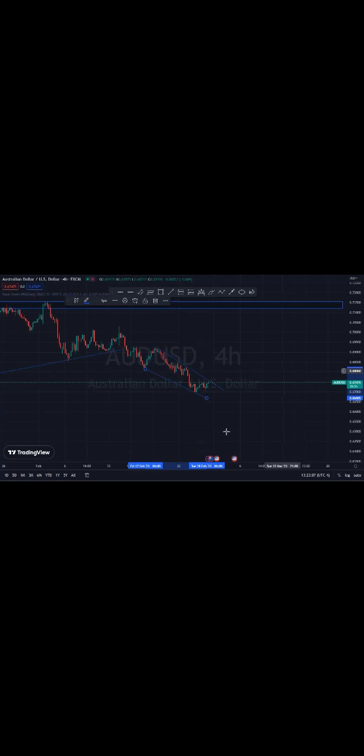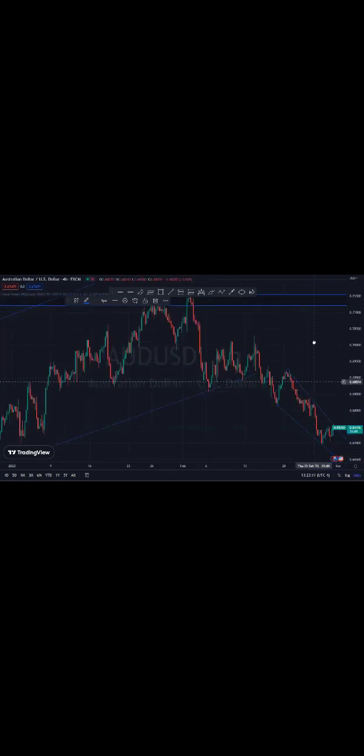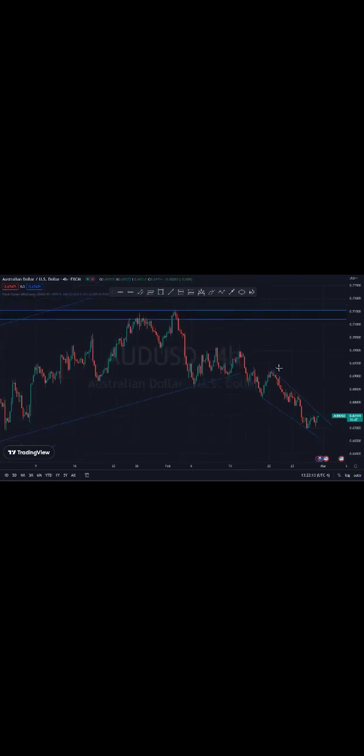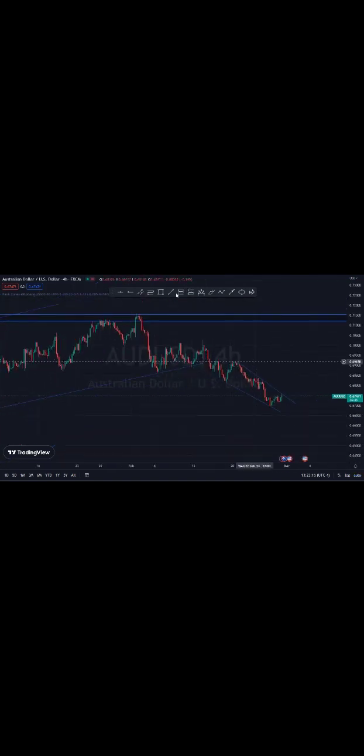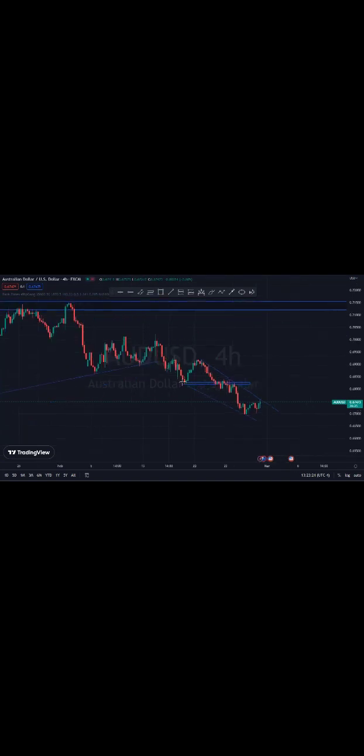What I can also see on the 4-hour is this over here. Let me adjust it for you. I can see that we had a support that turned into resistance over here. Price came down, support came up, and then it failed to break, turned into resistance, then we shot down.